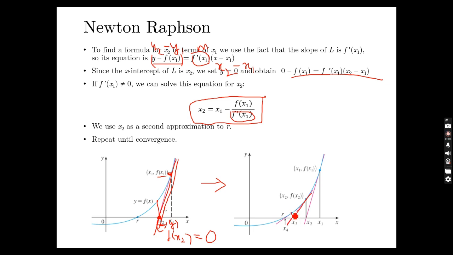Then corresponding to that, we calculate f(x3), and the process repeats until it converges, such that the difference between x(i+1) and xi becomes less than our tolerance. Until that point, this iteration continues.